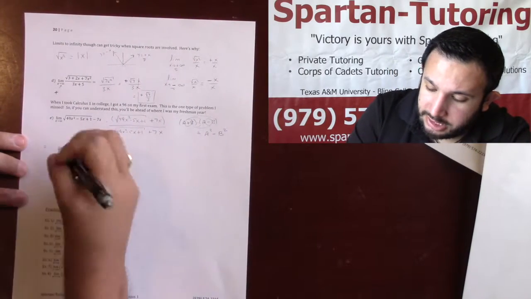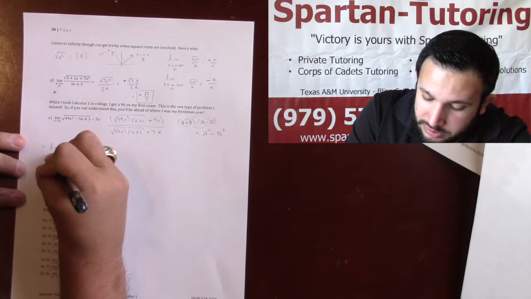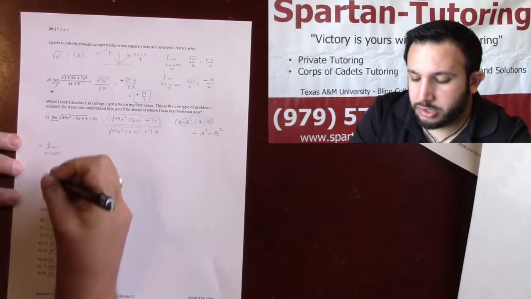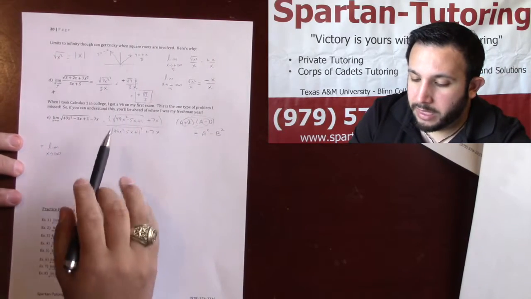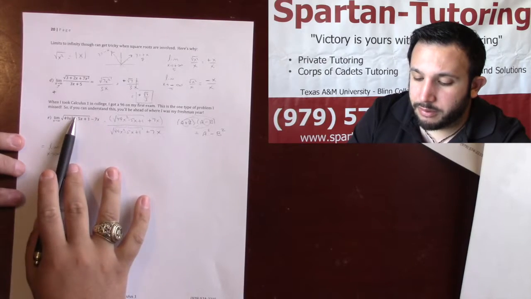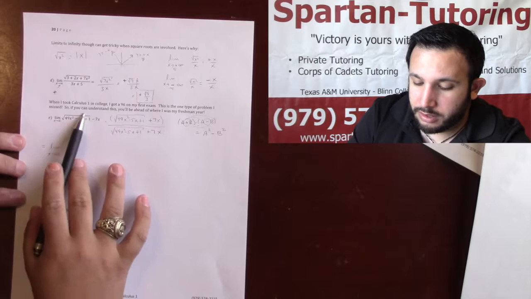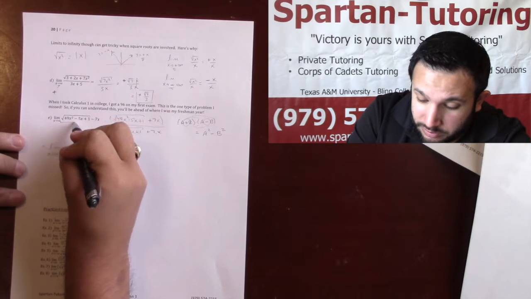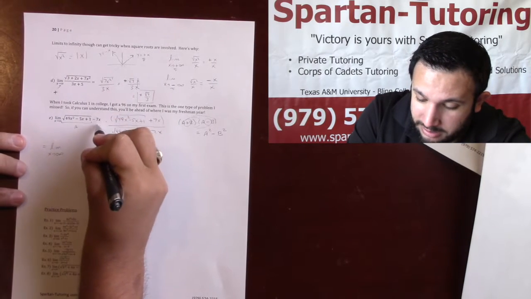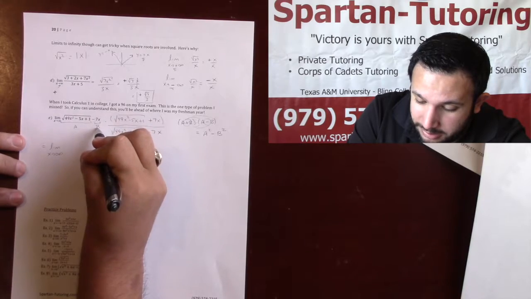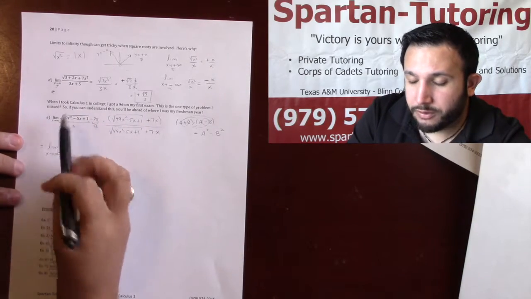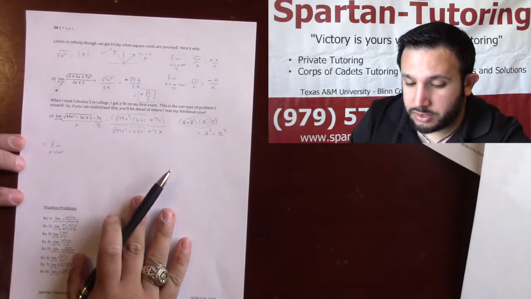Anyways, as I keep on going, this will be the limit as x approaches infinity. Remember to always write your limits until you get to your final answer. Now when you multiply across the top, the conjugate gives the first term squared minus the second term squared. This right here is my first term, like my a. This right here is like my b. Whenever I square the first term, you just lift the square root.